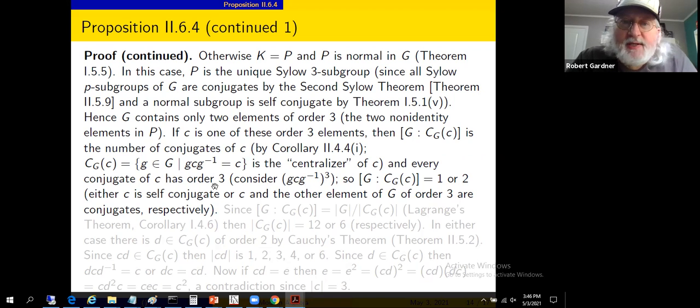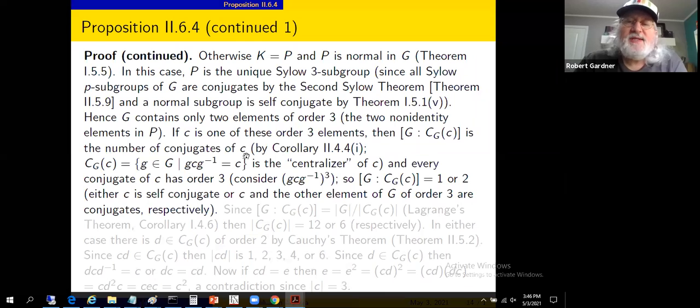There are only 2 things in this group that have order 3. There's C and that other one. There were 2 elements of order 3. We called one of them C. There's a second one out there as well. So the number of conjugates of C in G, this index, must be either 1 or 2.